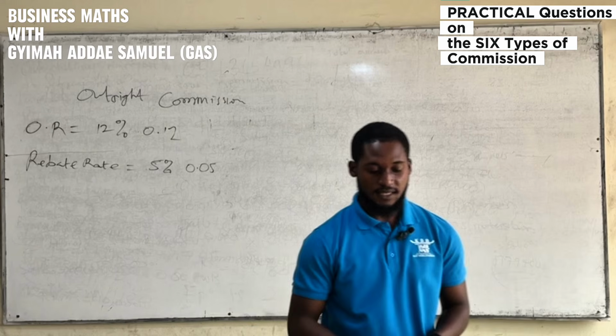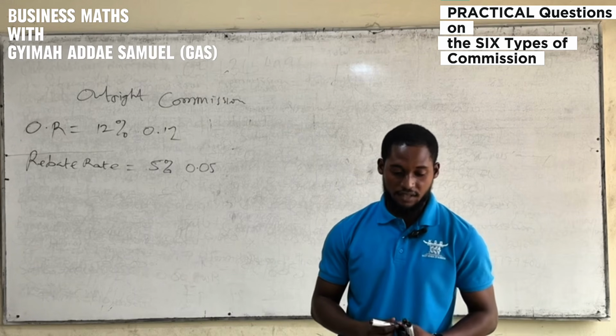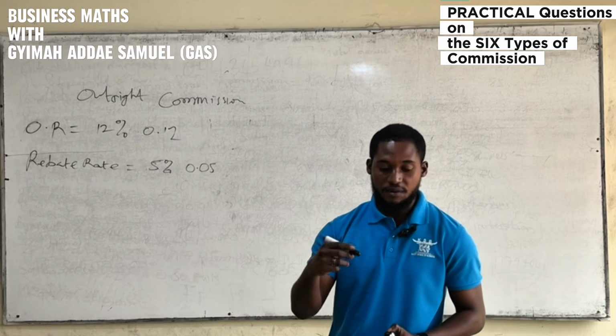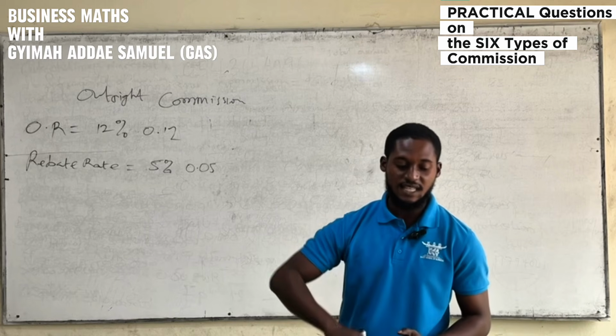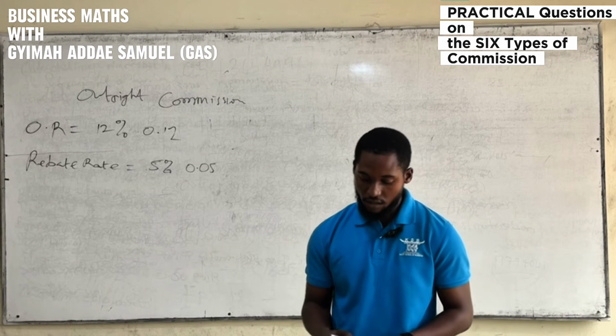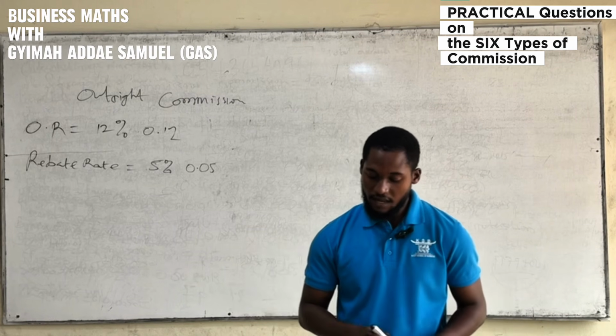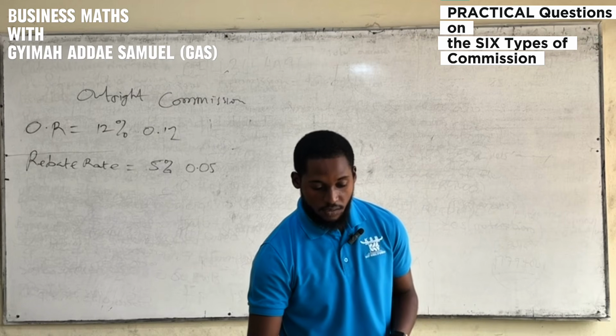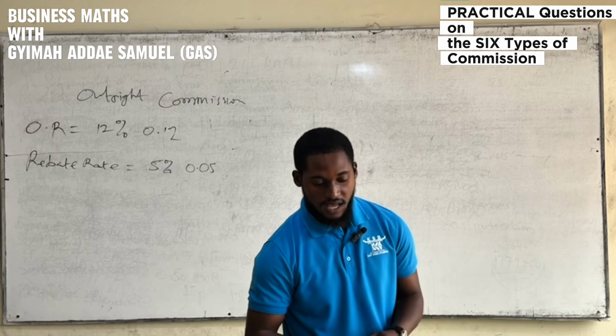A rebate of 5% if purchases exceed 100,000. So the rebate has a quota here. The quota for the question itself is 100,000.